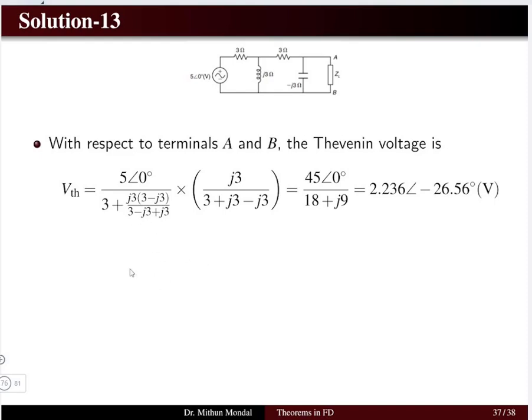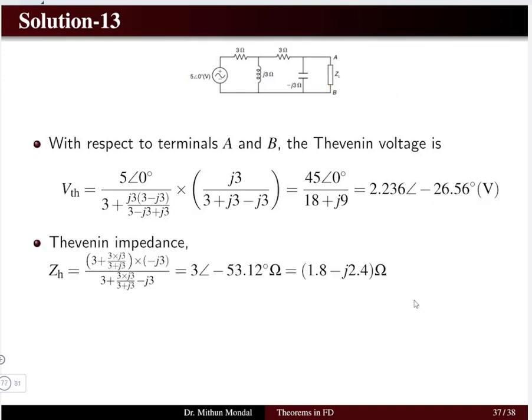First we determine the Thevenin voltage at the terminals AB by open-circuiting the load ZL. Using voltage division, we get the Thevenin voltage as 2.236 angle minus 26.56. Next we determine the Thevenin impedance.